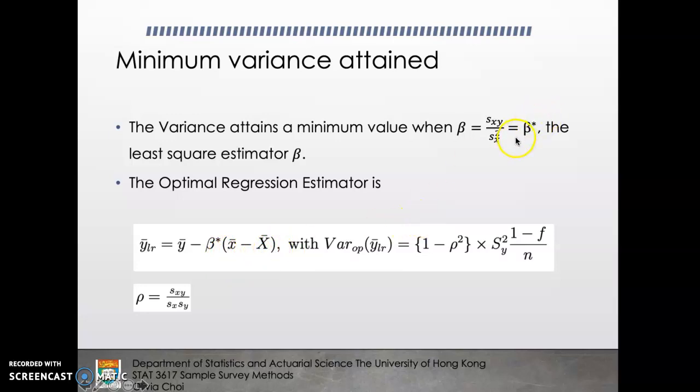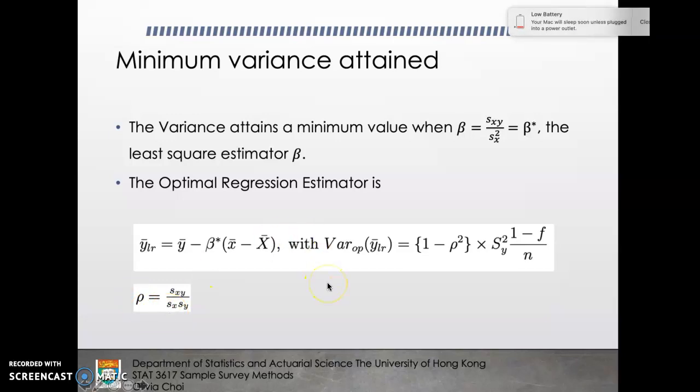When beta equals the slope of the least square line, the variance could be simplified as 1 minus rho square multiplied by sy square multiplied by the finite population correction factor divided by n, where rho is the correlation between the variables x and y.